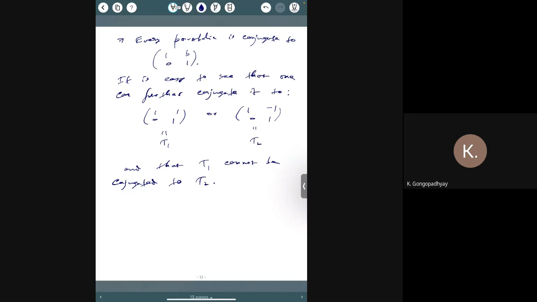So that means every parabolic isometry is conjugate to one of these two types.